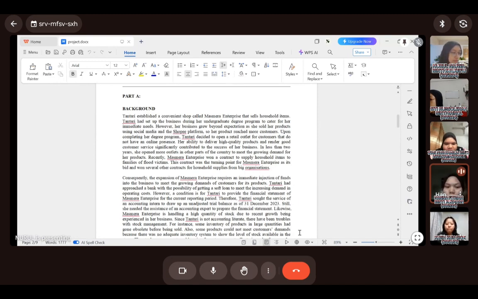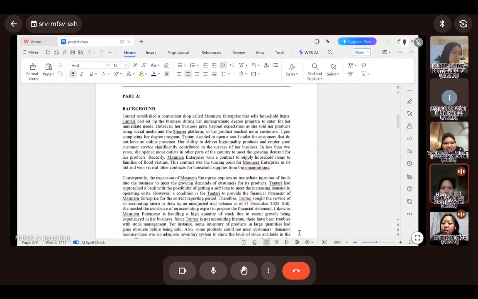I noticed that some expenses might be understated. Absolutely. We should pay close attention to the unpaid salaries, which amount to 20,000 and the depreciation of 35,000. Both will impact our net income significantly.